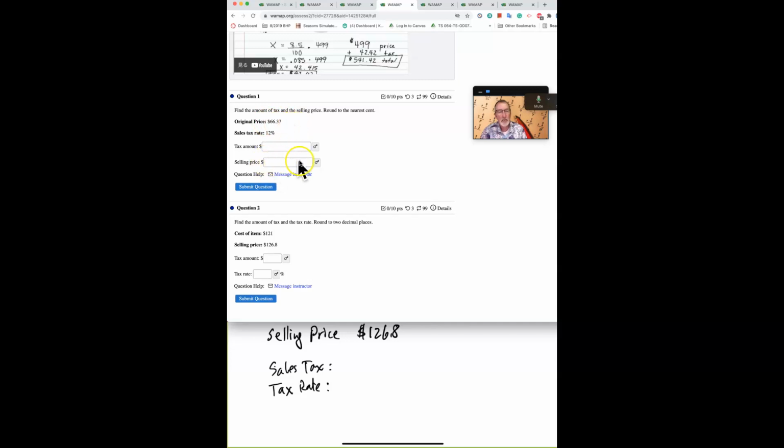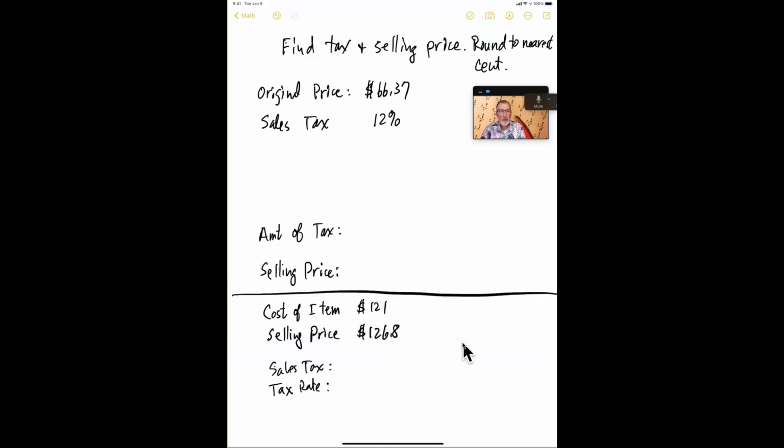And then the selling price would be the tax amount plus the original price. So these are all a little bit more complicated at this level because we have to use the information to find one figure that we then have to incorporate into our other figures to answer the question completely. So let's take a look at the tablet.